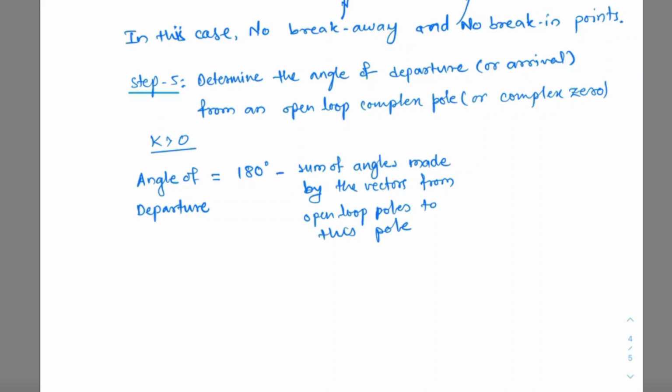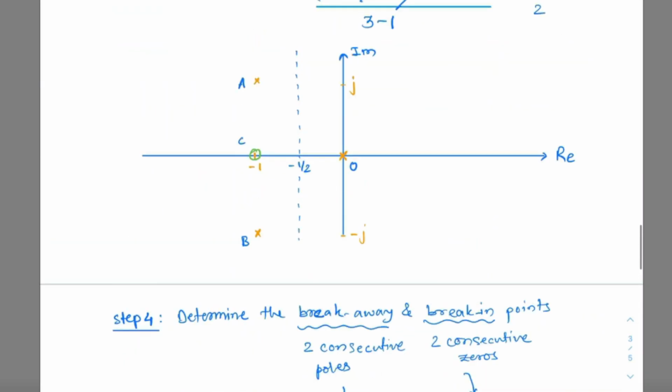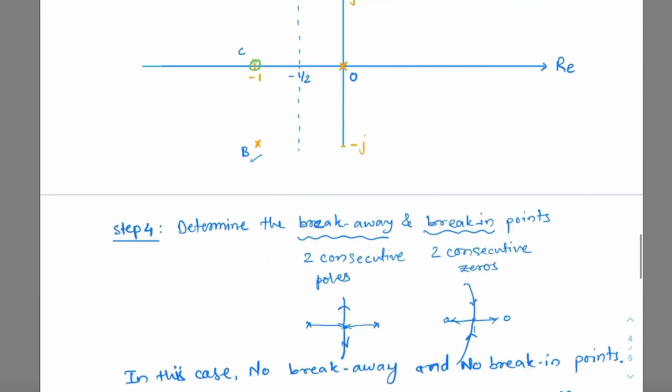So we pick a complex pole of interest. In our case, these poles are A and B. So if we take pole A, we want to find out the angle from all the other poles.